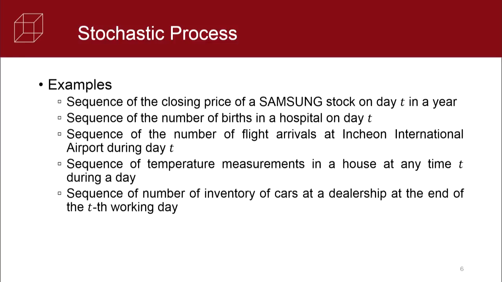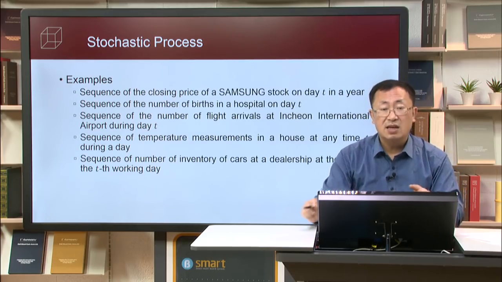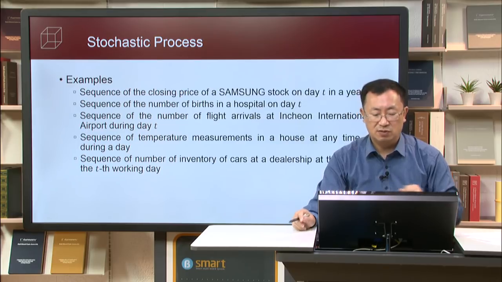These are possible examples of the stochastic process. We can express those sequences as a sequence of random variables.